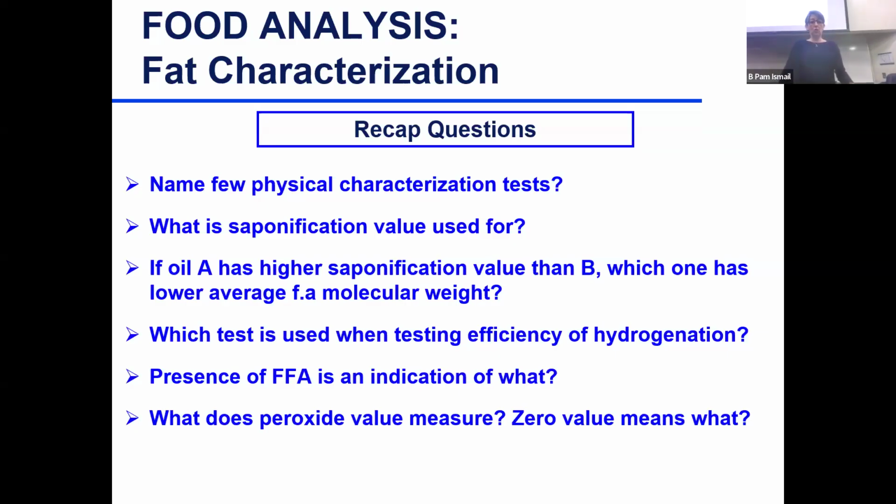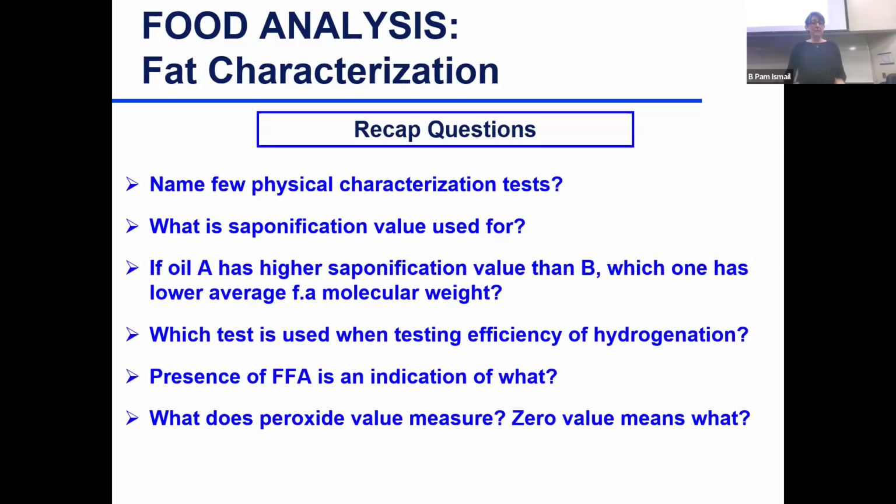Okay. So what is saponification value used for? Do you remember what we used it for? Triglyceride molecular weight, yes. So it's an identification test, and we use it to estimate the triglyceride molecular weight and also the molecular weight of the most abundant type of fatty acid in that particular fat.